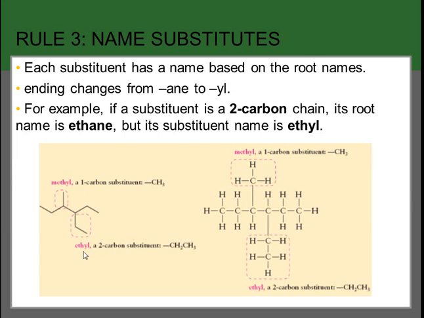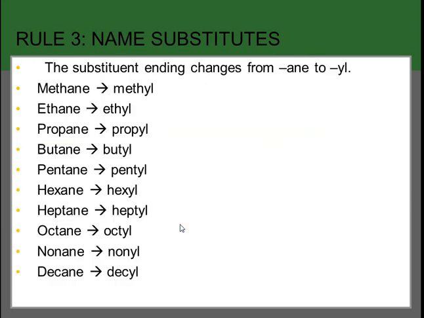We change it to ethyl to indicate that it is a 2-carbon substituent, part of the molecule. So methane changes to methyl, ethane to ethyl, propane to propyl, butane to butyl, pentane to pentyl, and so forth. We change ane to yl to indicate that these all describe substituents, parts of molecules, whereas these describe an entire molecule. So decyl describes a part of a molecule.